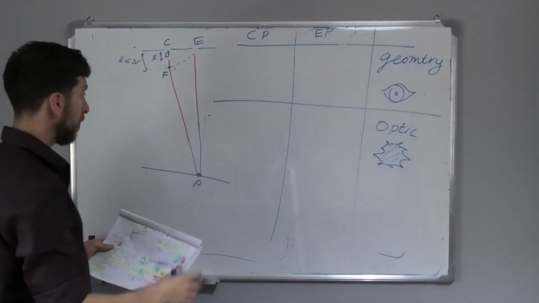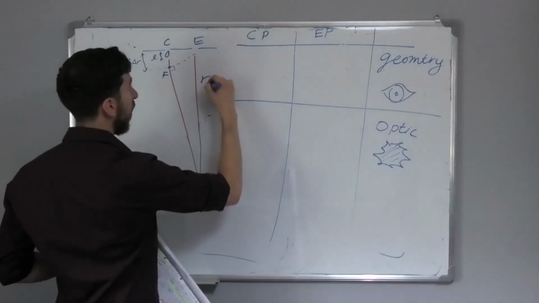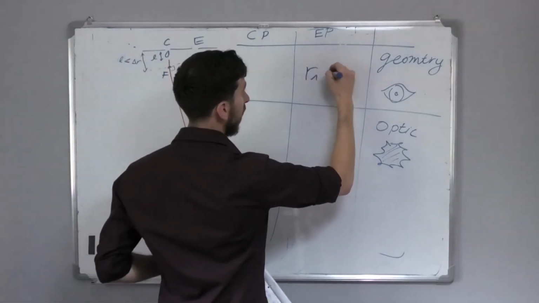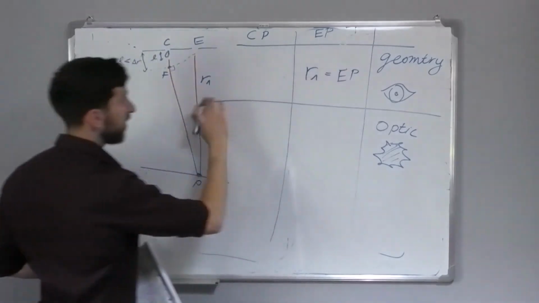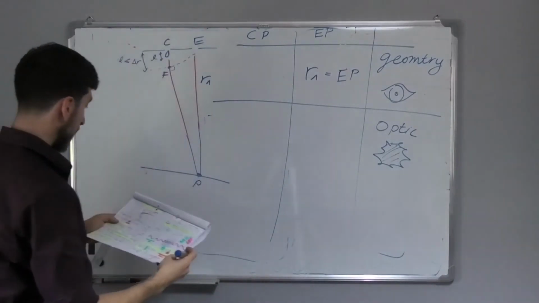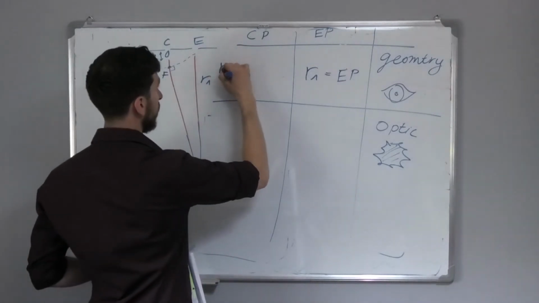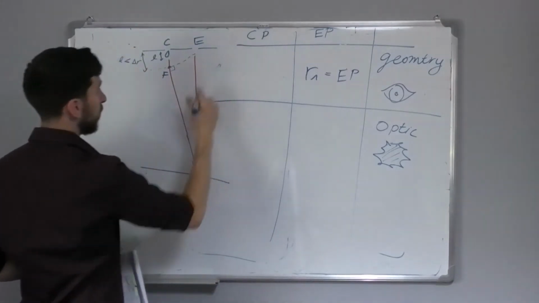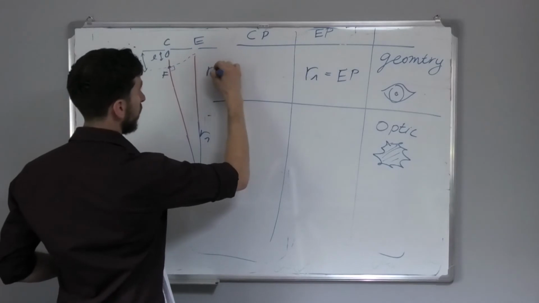So the geometry would say this is R1, it's equal to EP. This is the distance that I'm going to measure. And this is R2.